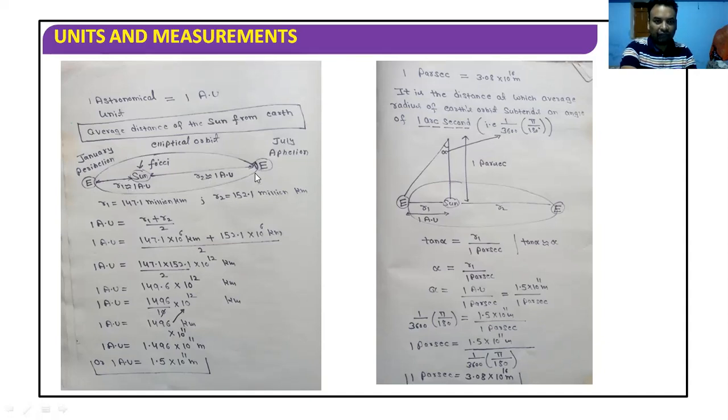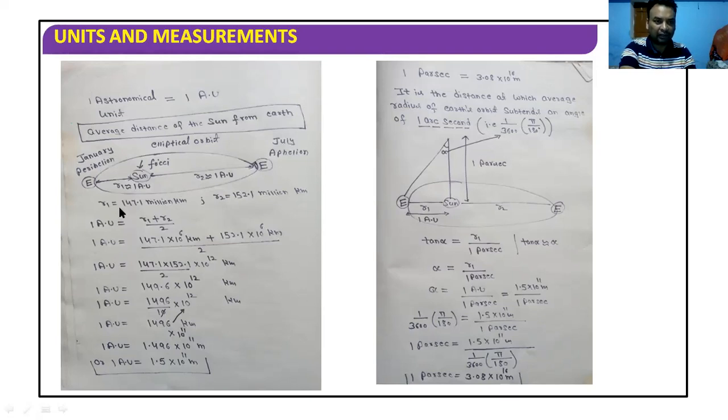And when we are observing the month of July, we are observing aphelion. So the radius of Earth is R2. So we have two different radii, R1 and R2. Very clearly you can see R2 is greater than R1. Now we are interested in how much is R1 and how much is R2.